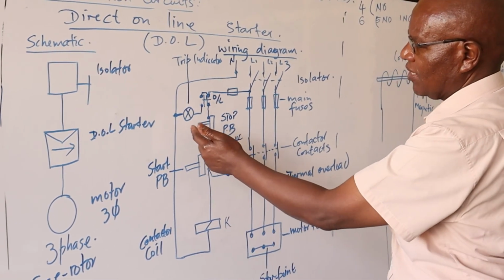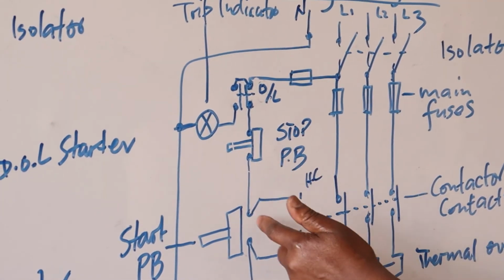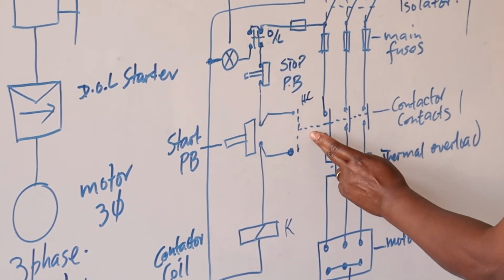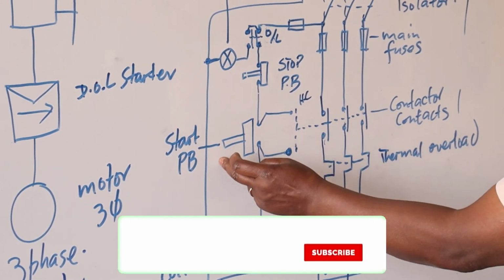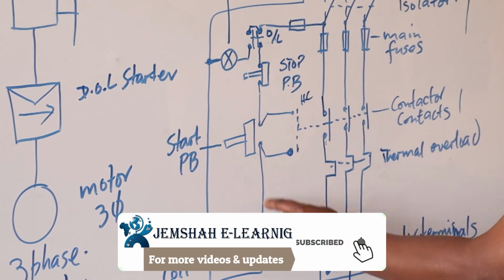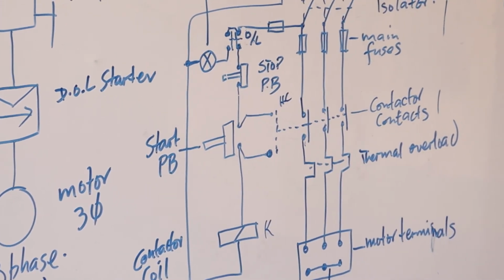And that's when you press your stop push button. When you press this stop push button here, the power will cease to flow into this one here, and this one here will open. So once you start, this one becomes the hold-on contact, and your motor continues to run until the time you want to stop.